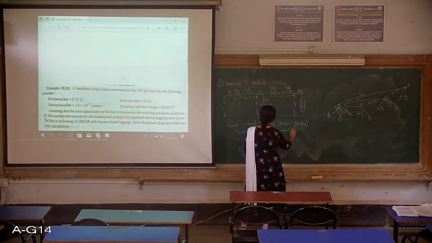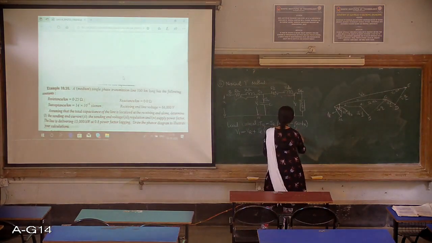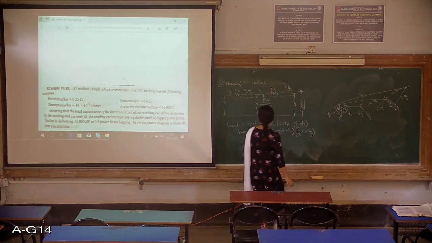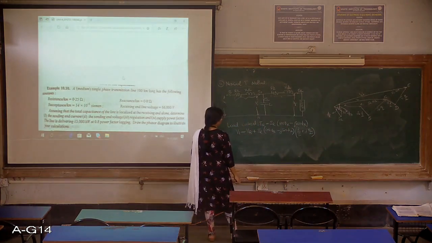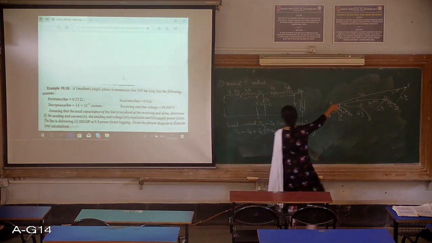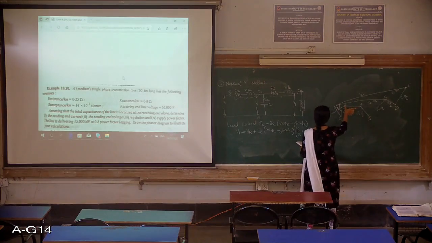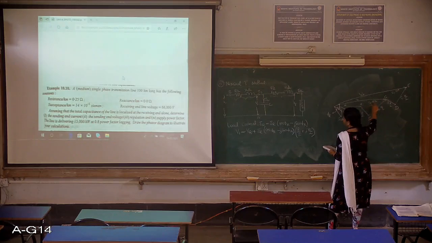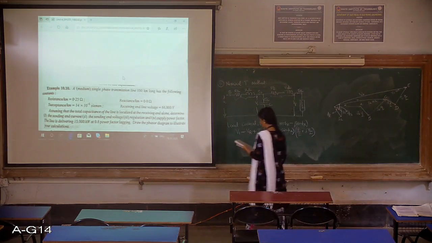So I repeat again, you are not having any derivations, but you just need to know these basics, so I am mentioning this. So this V1 I am writing: V1 is VR plus IR into Z by 2.